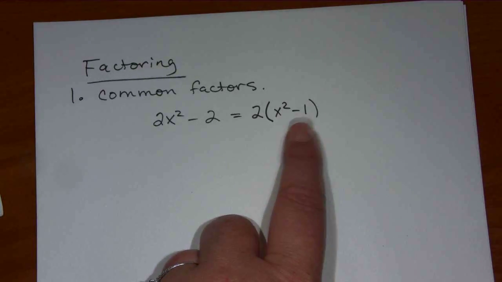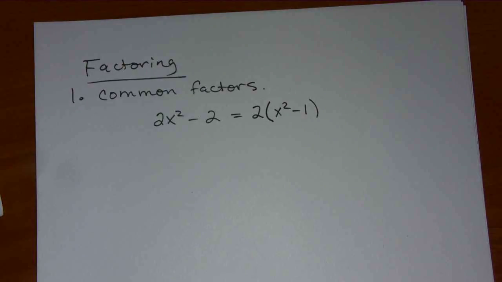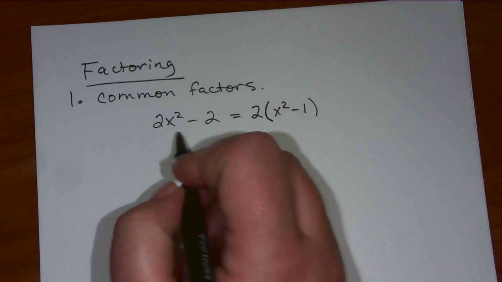Now, what's left in here may or may not be able to factor. This one can, but we're not doing that yet. Okay, let's just do a couple examples where we're just pulling out the common factor and not doing anything else.